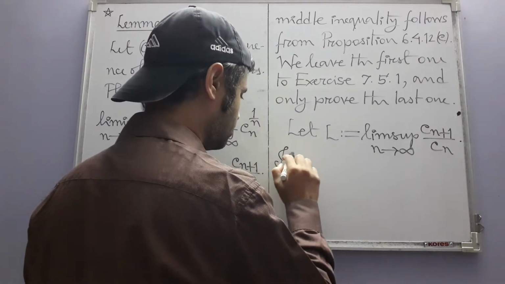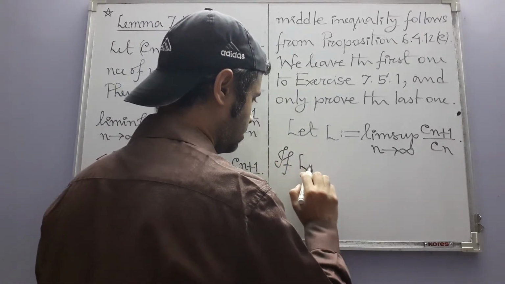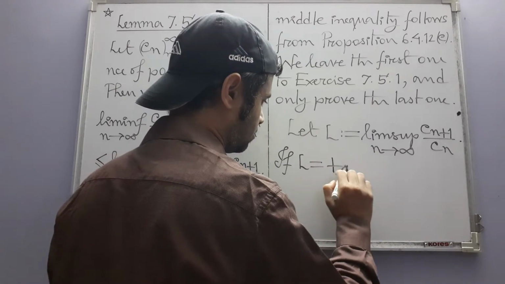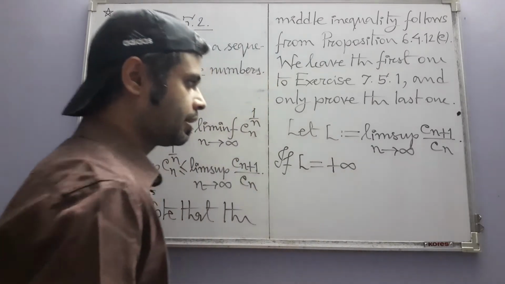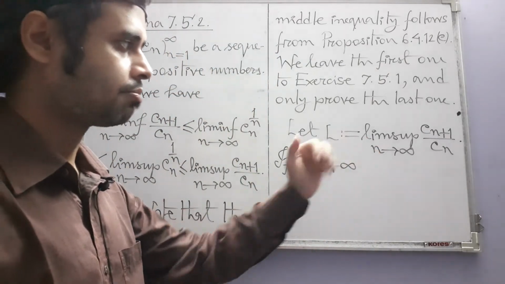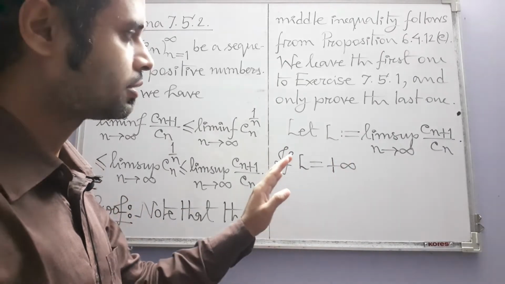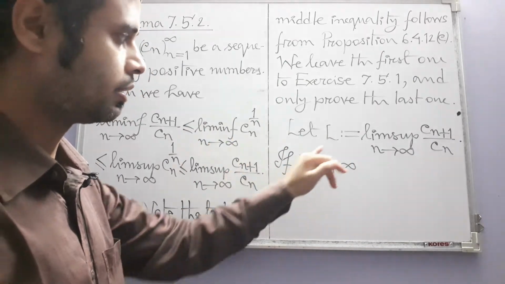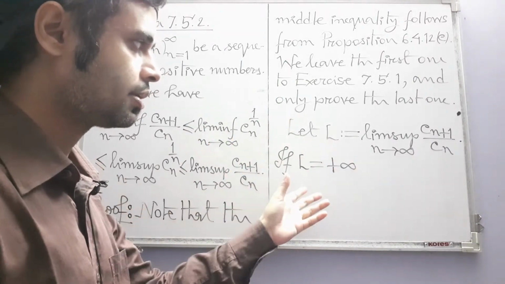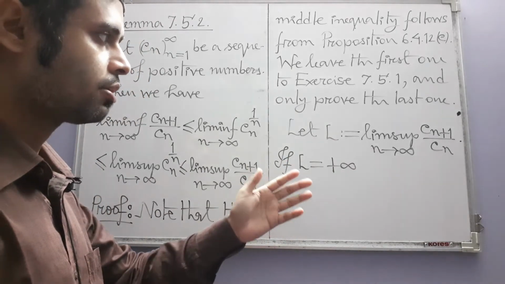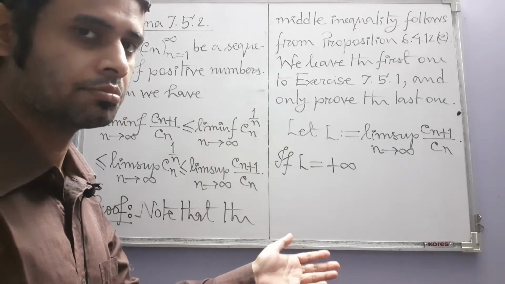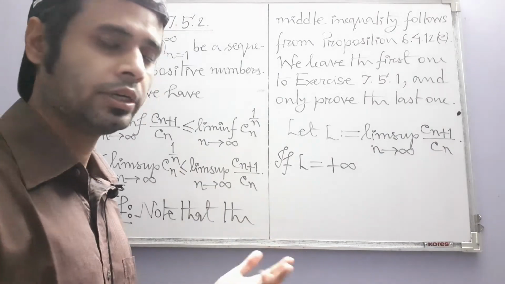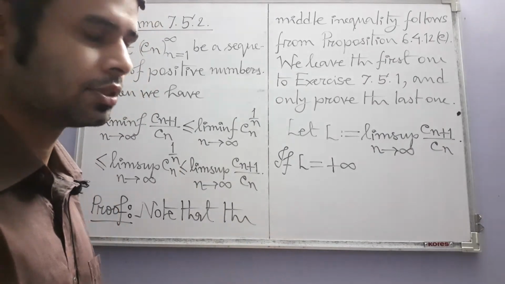If L is equal to plus infinity, keep in mind that because we are talking about the upper limit of a sequence of real numbers, all the possibilities are there. In general, this L is an extended real number. So it's not necessary that it has to be a real number. It may take those two infinite values also, any one of them.